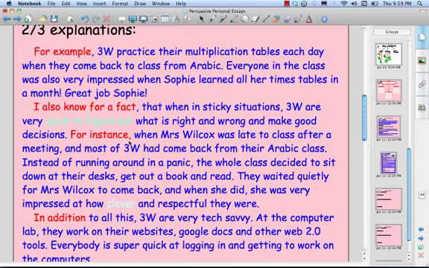For instance, when Mrs. Wilcox was late to class after a meeting and most of 3W had come back from their Arabic class, instead of running around in a panic, the whole class decided to sit down at their desks, get out a book and read. They waited quietly for Mrs. Wilcox to come back, and when she did, she was very impressed at how clever and respectful they were.